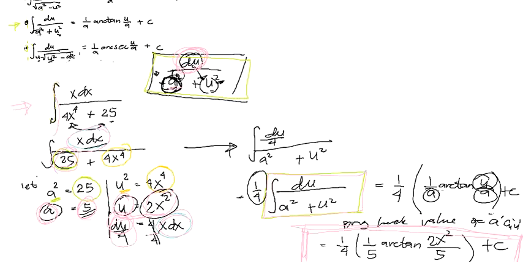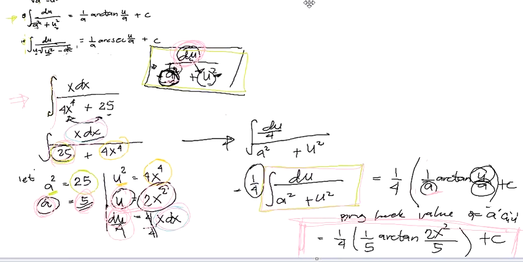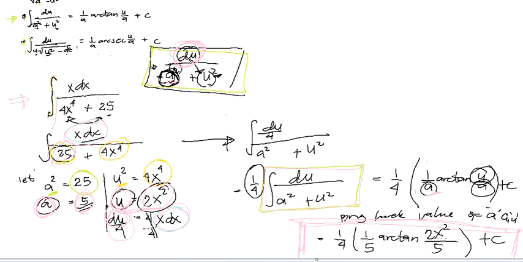And then by doing that, we bring back the value of our a, which is 5, and the value of our u, which is 2x squared, and do not forget the plus c at the end. So that's all for this video. I hope you learned something, and see you next time.